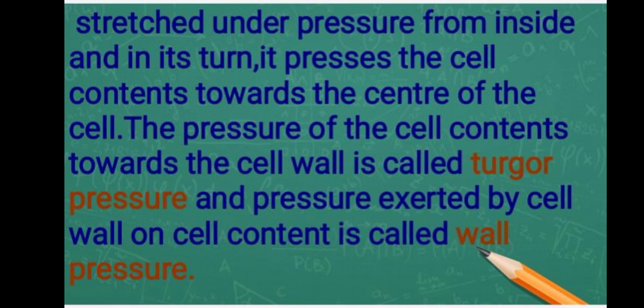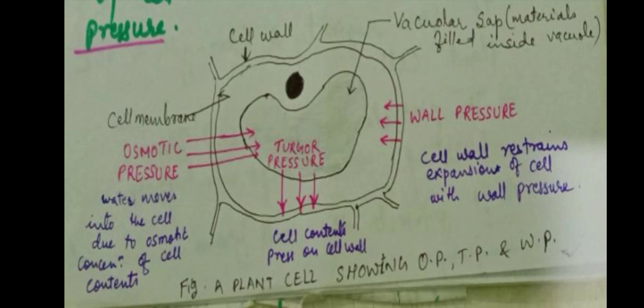The pressure of the cell contents towards the cell wall is called Turgor pressure, and pressure exerted by cell wall on the cell content is called as wall pressure. In this diagram you can see very well osmotic pressure, where water moves into the cell due to osmotic concentration of the cell contents.